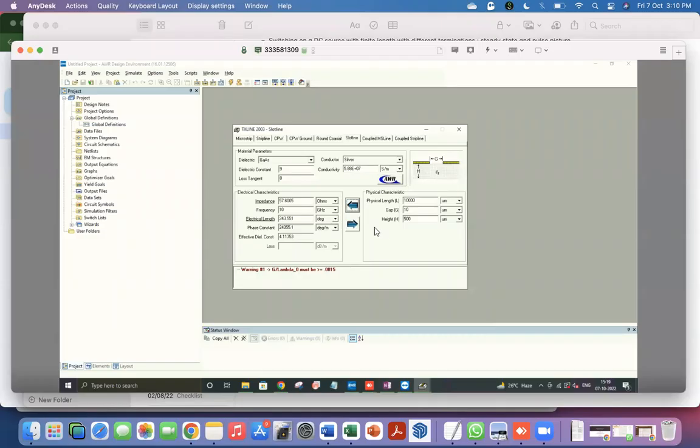But the reason I wanted to introduce you to this mode, which is rarely used, is actually to consider what happens in a CPW. Okay, let me draw the CPW thing again over here.